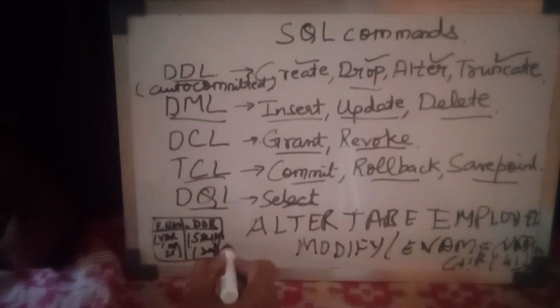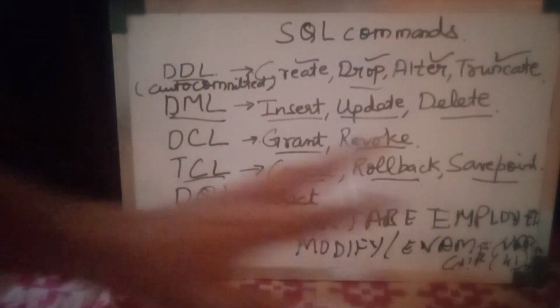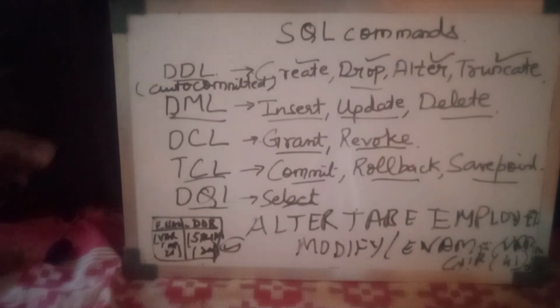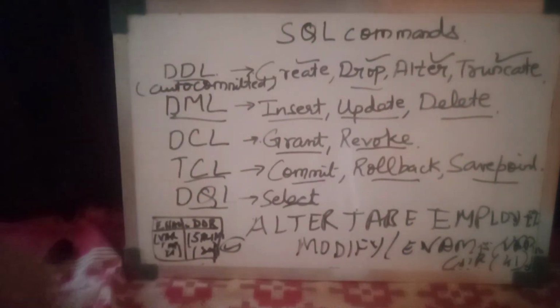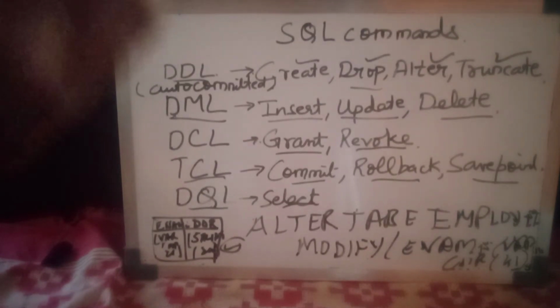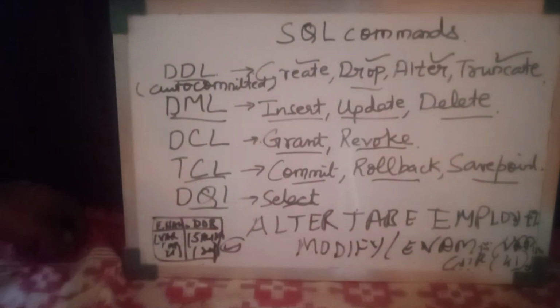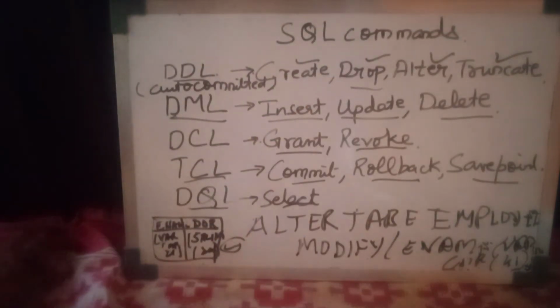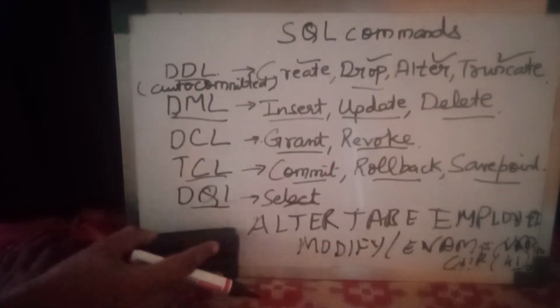This can be done. So this is basically the use of the alter command. It is used to add particular columns or modify the characteristics of particular columns of a table.